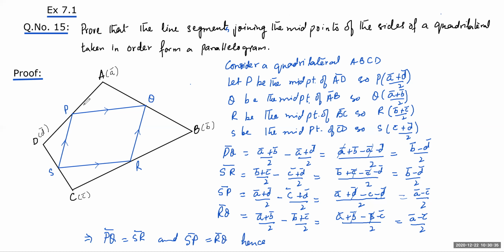Hence, PQ is equal to SR, SP is equal to RQ. Hence, PQRS is a parallelogram because opposite sides are parallel and equal. So the result is proved.